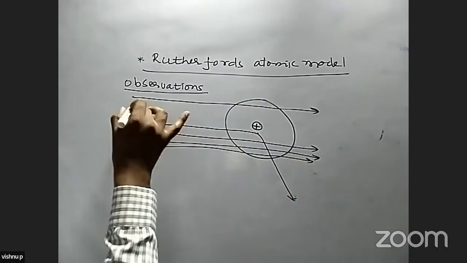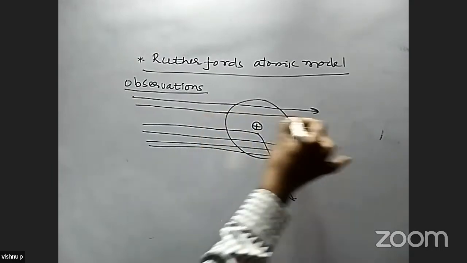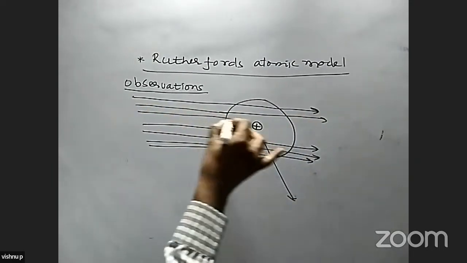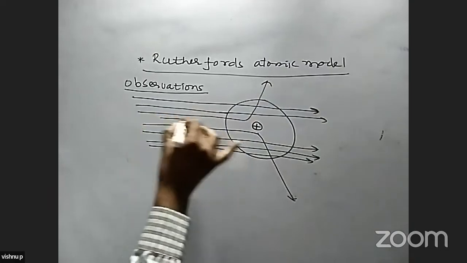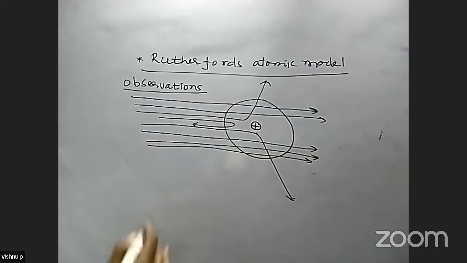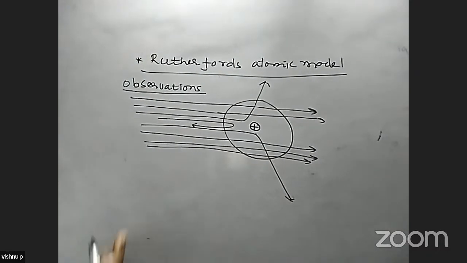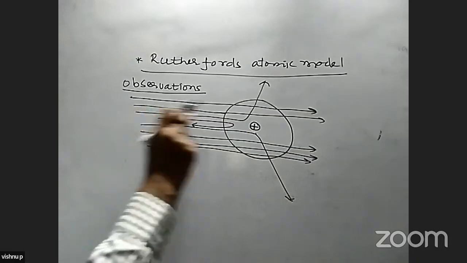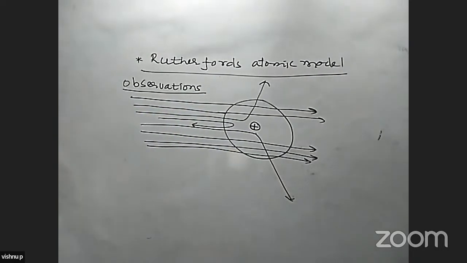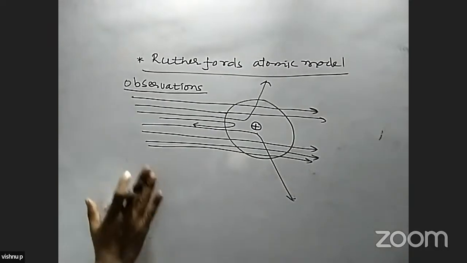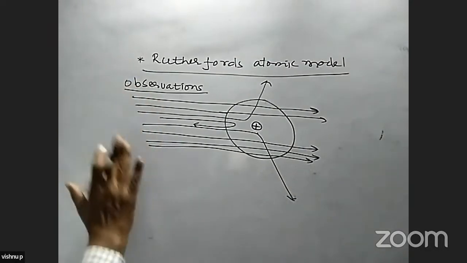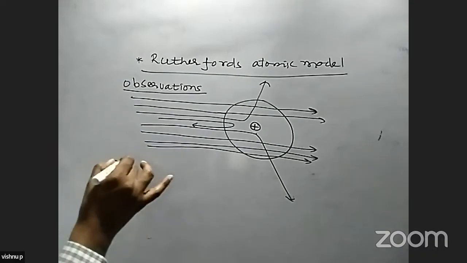He observed that many alpha rays pass through the gold foil without any deflection, but very few radiations are deflected. If you take an example, in 20,000 radiations, one radiation shows a complete deflection.